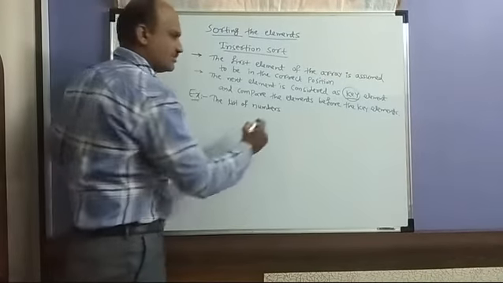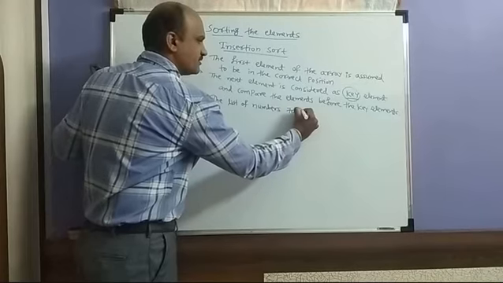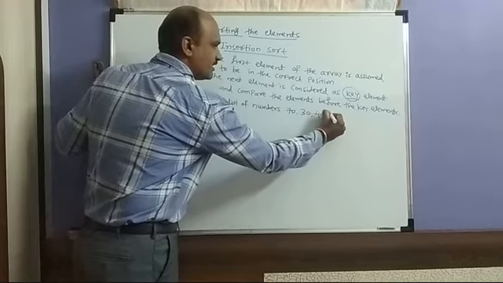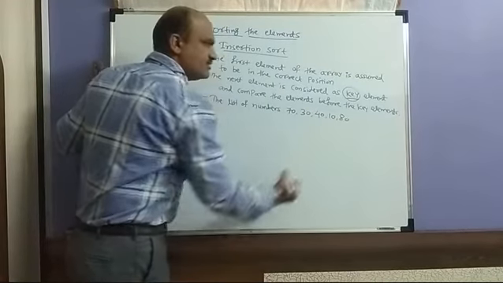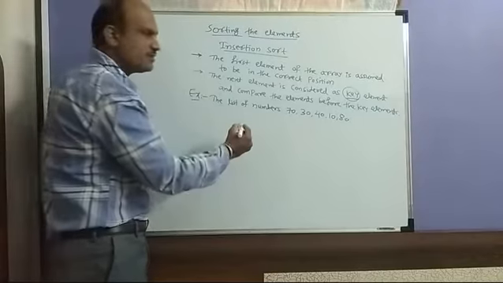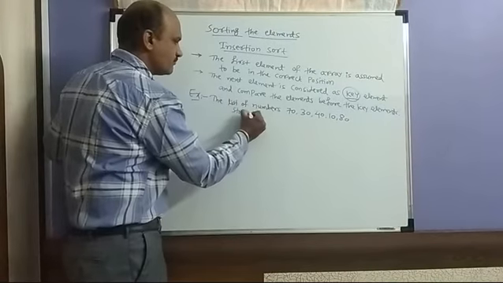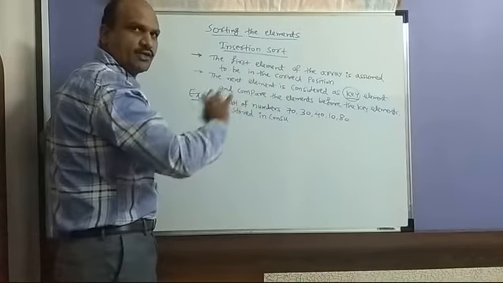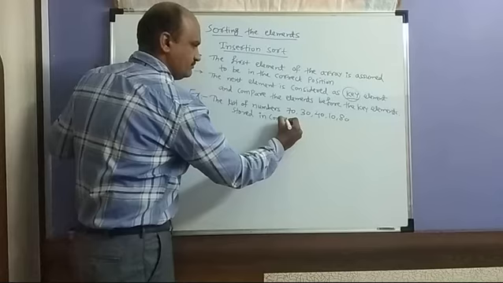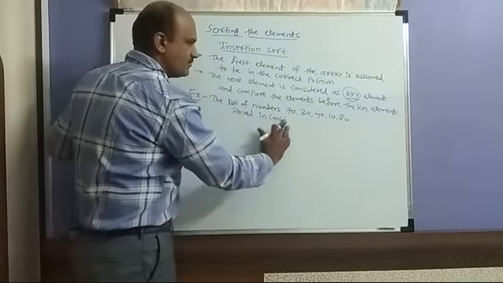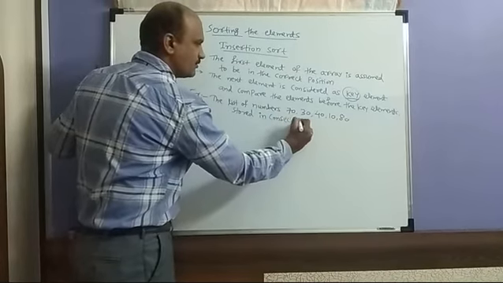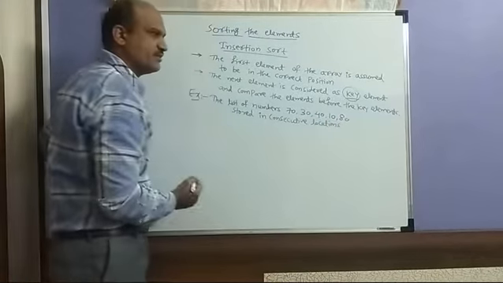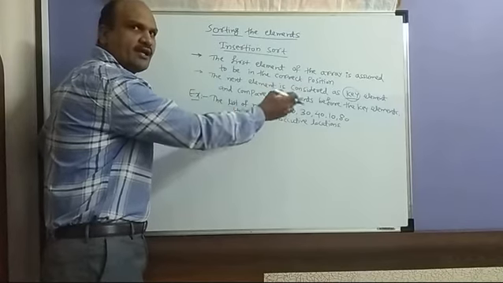That is 70, 30, 40, 10, and 80. These are the numbers stored in consecutive locations in your array: 70, 30, 40, 10 and 80.